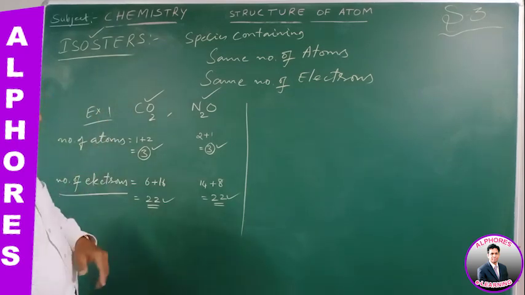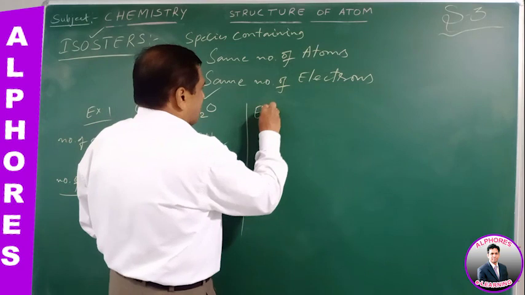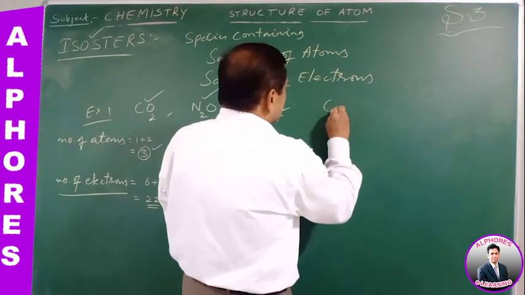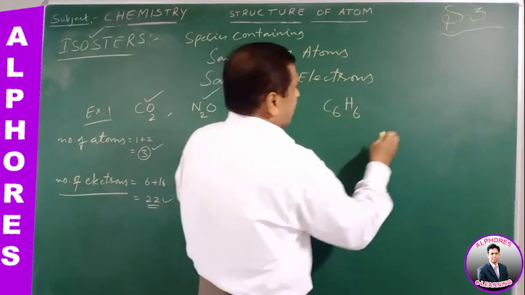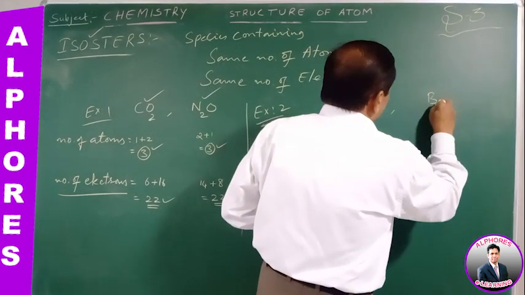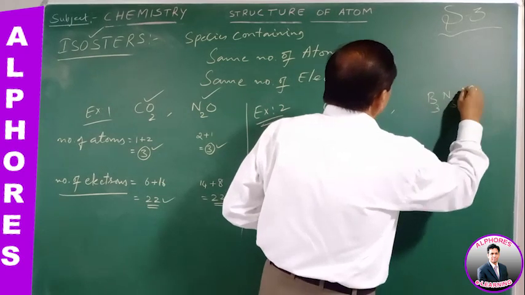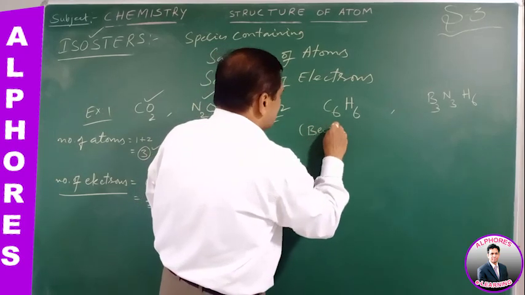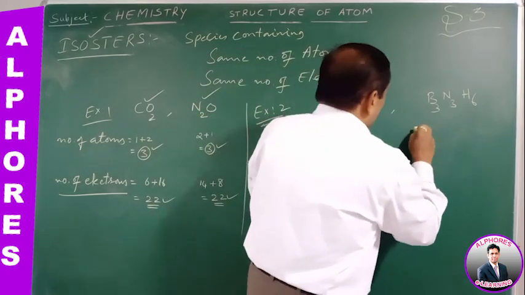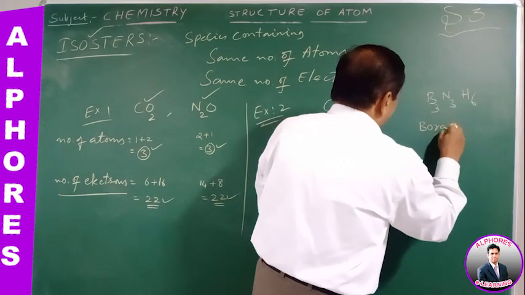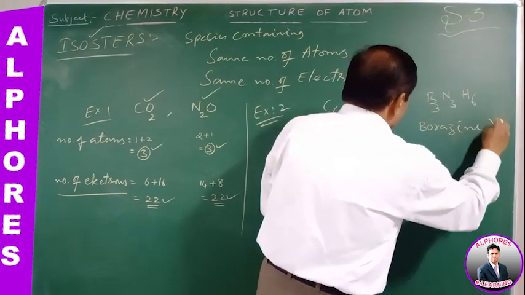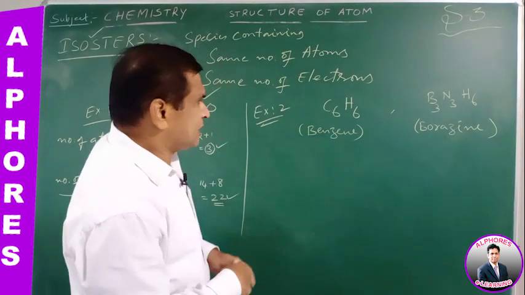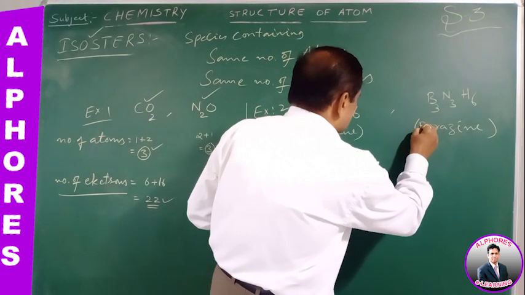Let us work out one more example, example 2. Let us see benzene, C6H6, and B3N3H6. This is benzene, we know that. This is called borazine, inorganic benzene. It is also called borazole. You will study that in intermediate first year, that is in the 11th class.